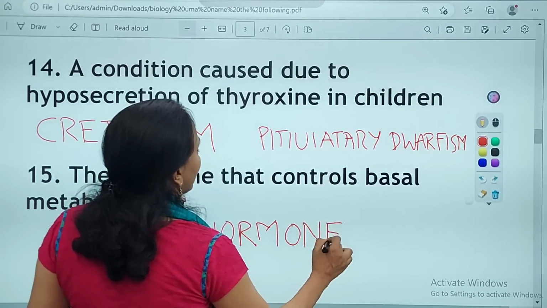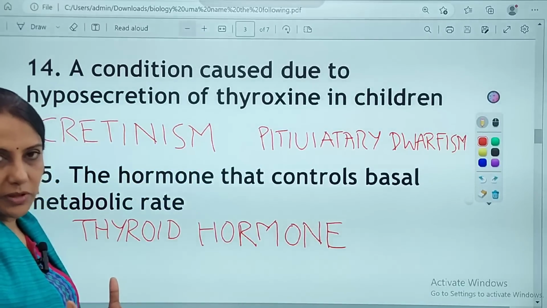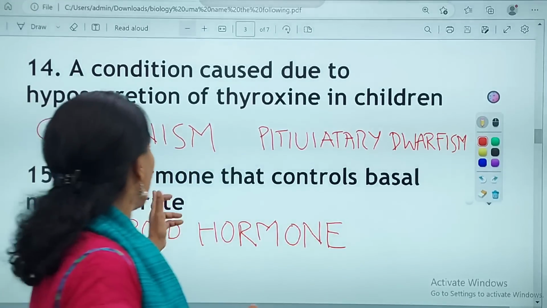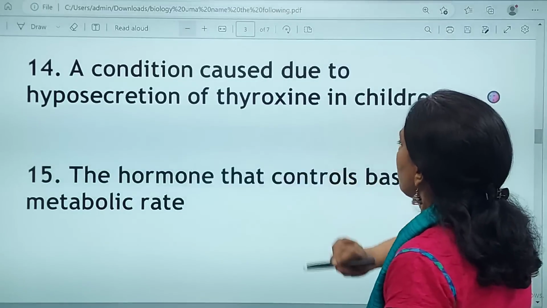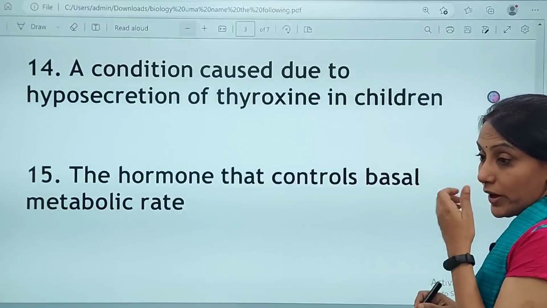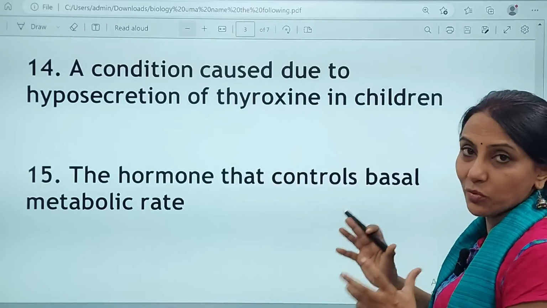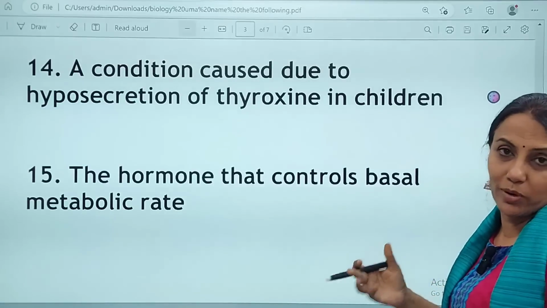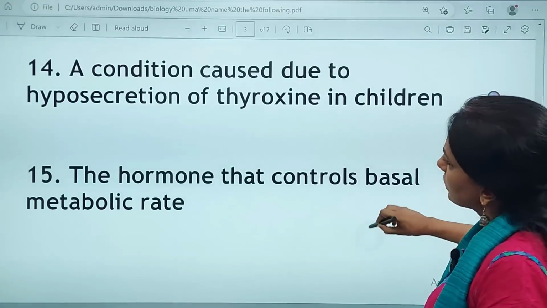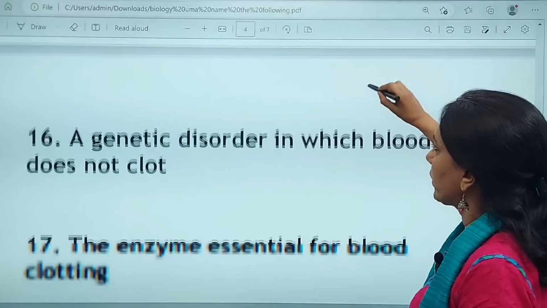Basal metabolic rate means the rate at which the food that you eat is processed or burnt by the body. And if your basal metabolic rate is very low, then what happens? You can start putting on weight. So people say, isn't it, that I have a thyroid problem, so I'm putting on weight. That is because of the basal metabolic rate going down. Okay.